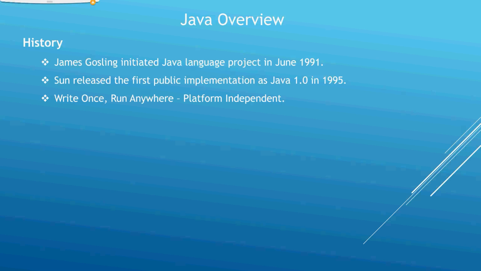Let's say you write a program on Windows and you want to move your program onto Linux. You don't need to do any additional effort. Whatever program you have written will work on any operating system. That's why Java is write once, run anywhere, and it's a platform independent language.